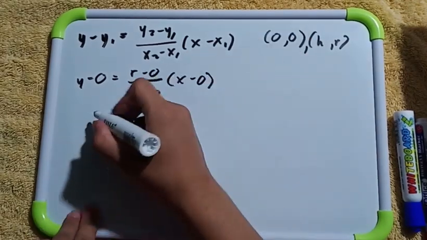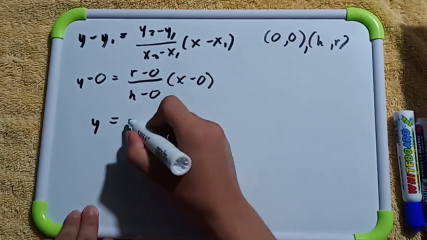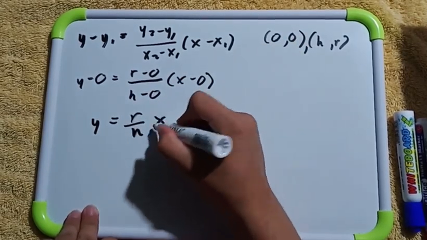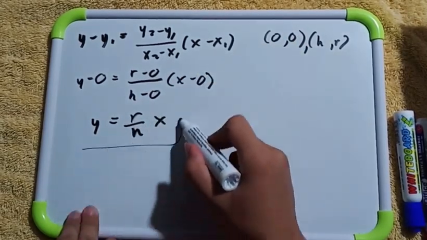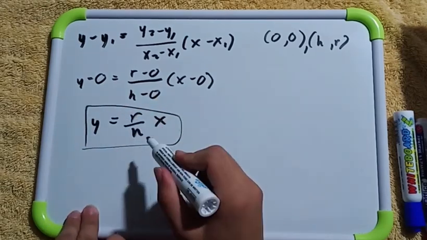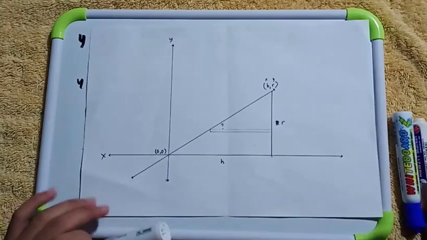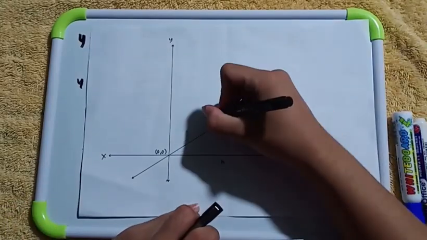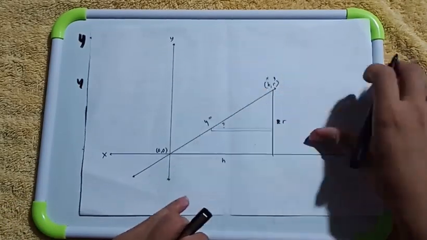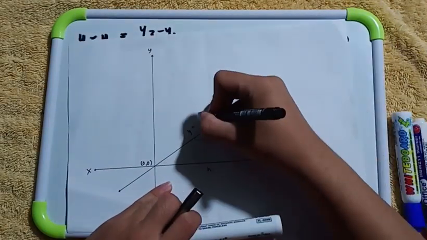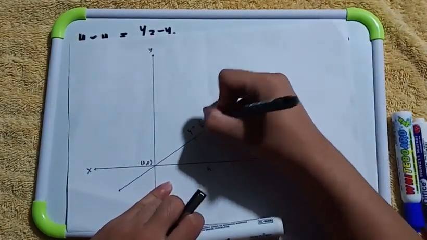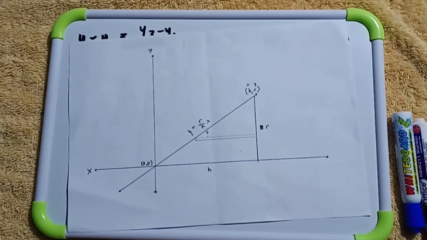So, ang equation na ay y is equal to r all over h x. So, simpleng-simple. Ito na yung equation ng line na yun. So, ibig sabihin, itong line na to ay y is equal to r over h x. So, ganun lang yung kadali.